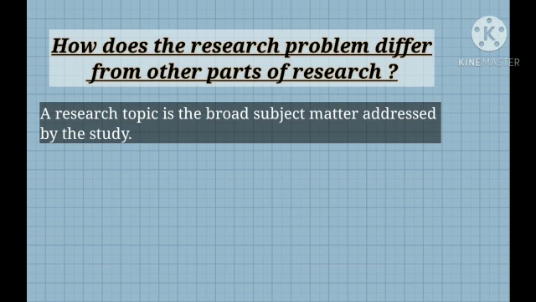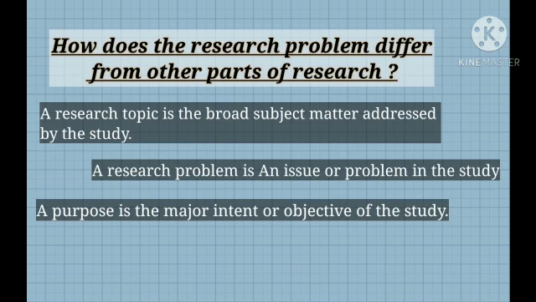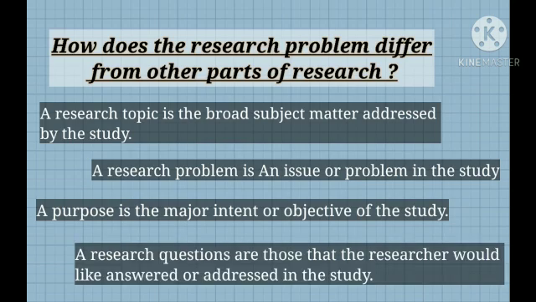The first is a research topic, the broad subject matter addressed by the study. A research problem is an issue or problem in the study. A purpose is the major intent or objective of the study. And the last is research questions, those that the researcher would like to answer or address in the study.